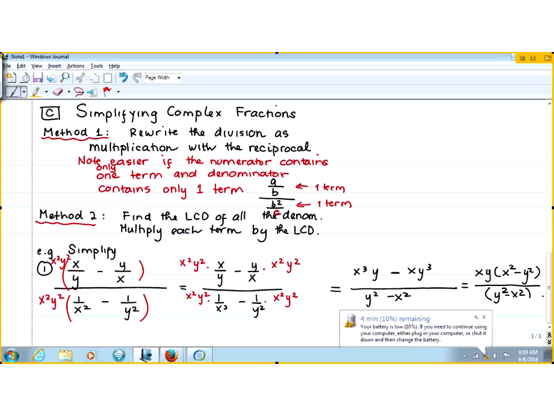What is the relationship between those? Opposite? They're opposite. So if I cancel, what do I have? Negative 1? All right.